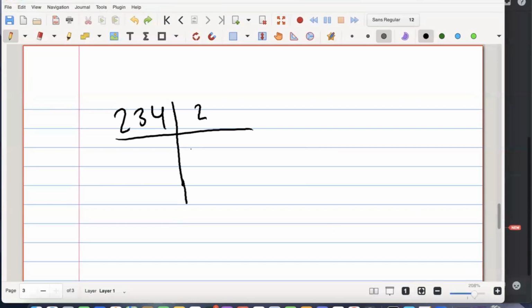You're gonna divide it by 2. You divide this by 2, you get 117. I usually just do straight conversion. I kind of forgot how to do it the division way.